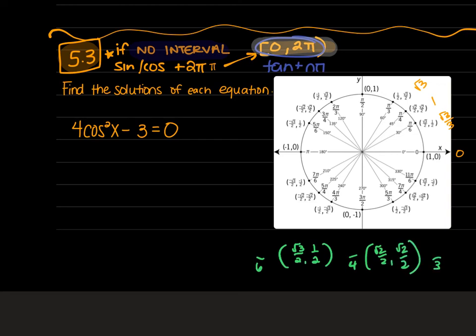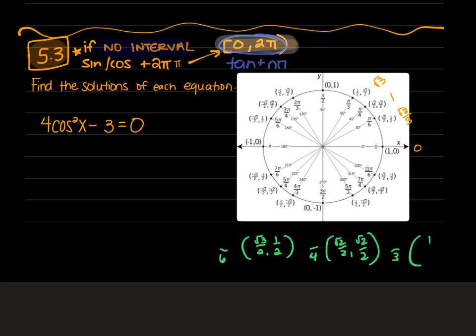And then over 3 is 1/2 and root 3 over 2. And then the tangents at those places would be root 3 over 3, 1, and root 3. And then know your signs. I don't need the angles in degrees, okay? It would be a waste of time to fill out your entire thing.